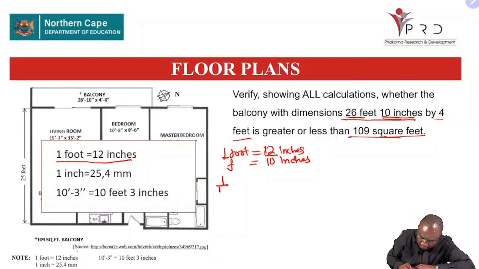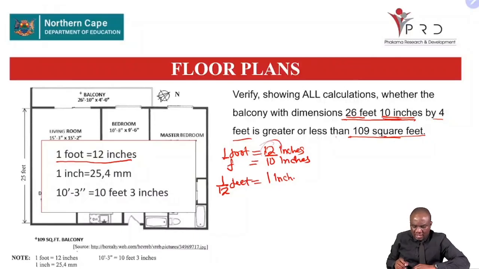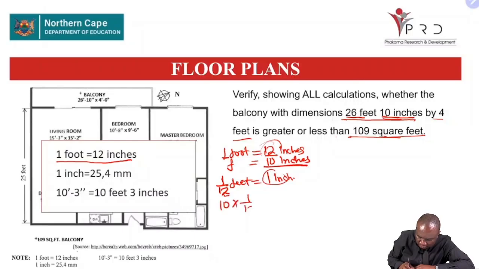So 1 over 12 feet is equal to 1 inch. I divided by 12 on both sides so that I can get 1 inch there. Now I know that 1 inch is 1 over 12. So what about 10 inches? I just say 10 times 1 over 12.